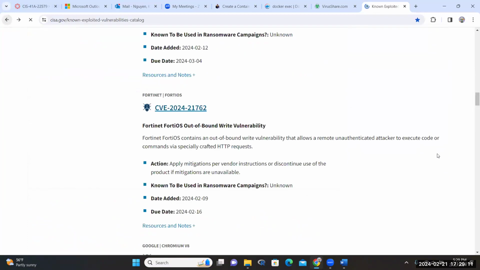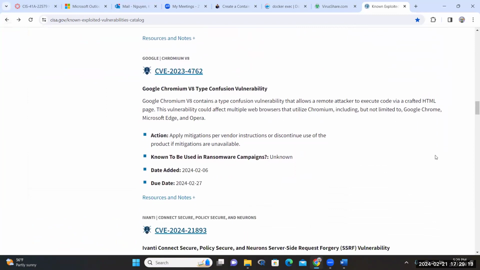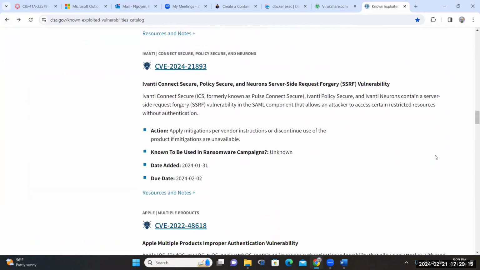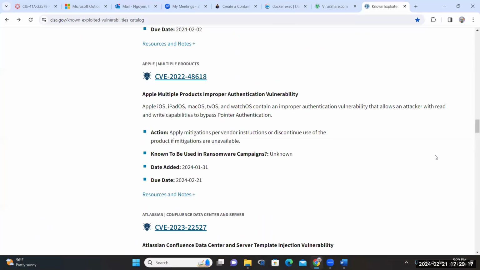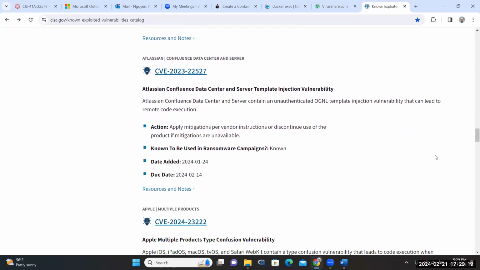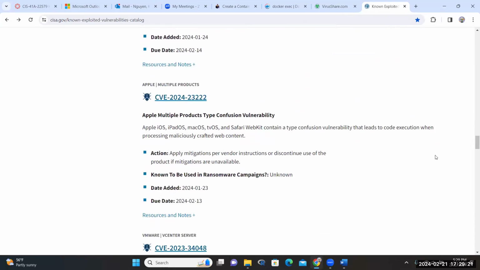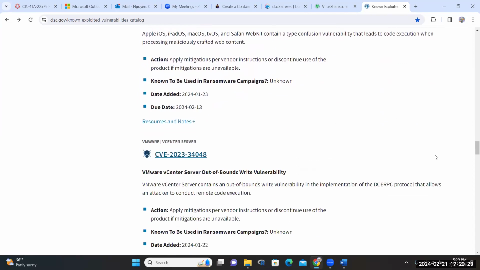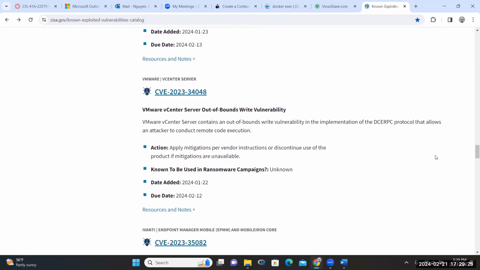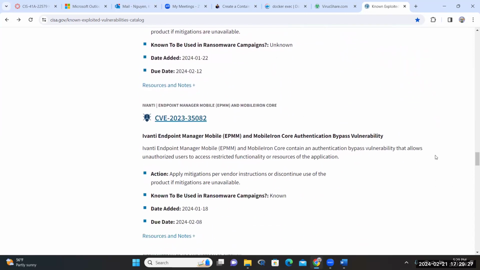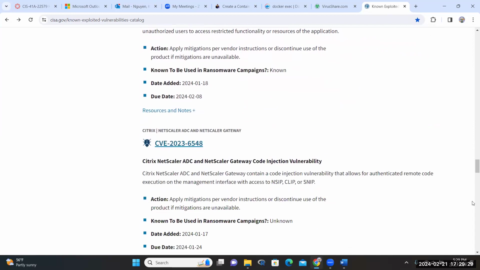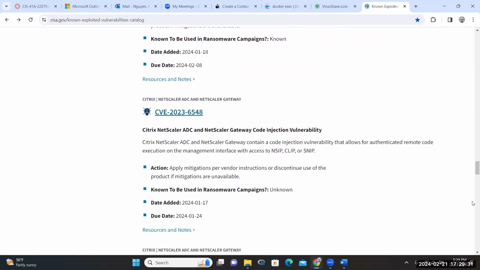And you don't have to pick that one. You can find the one that would be just related to appliance. There's some server, endpoint manager for the mobile. So we can also pick like the Citrix.